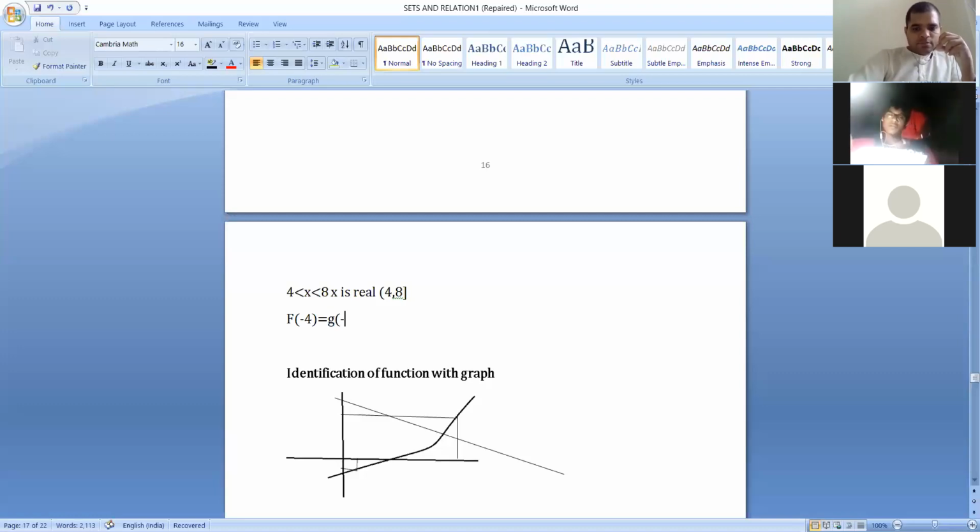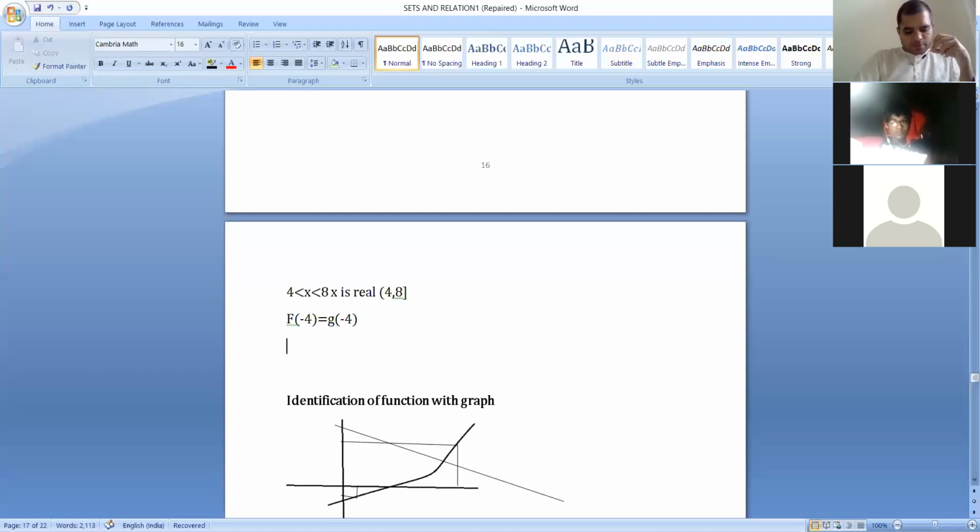So tell me what is f of -4? -8. So -8 is equal to g of -4. What is g of -4? -4 squared minus 16 is 0.